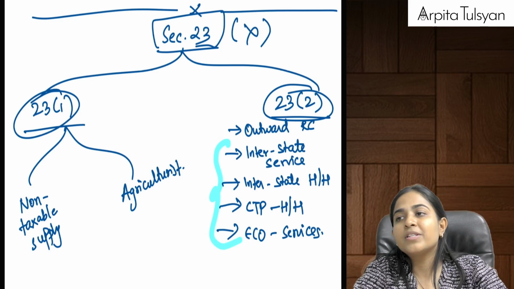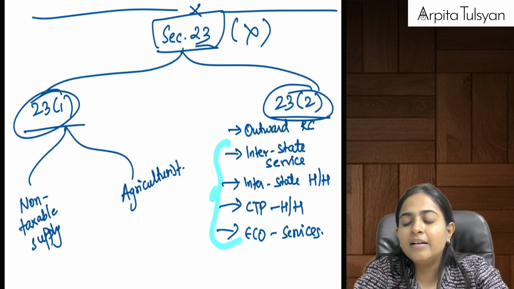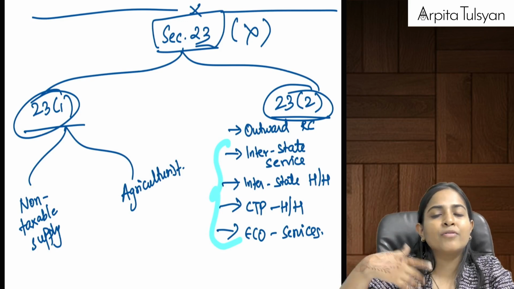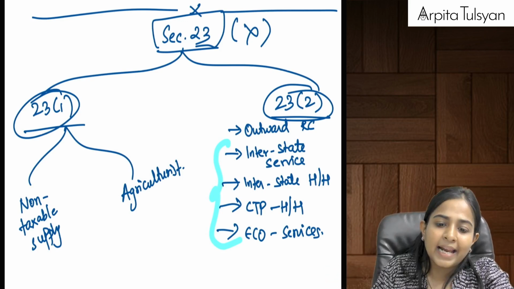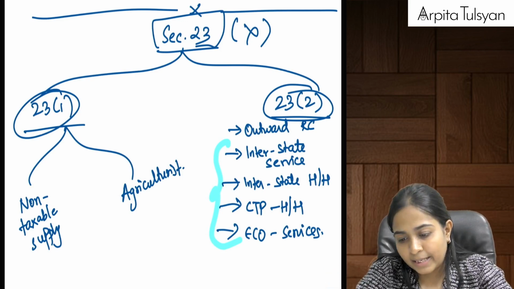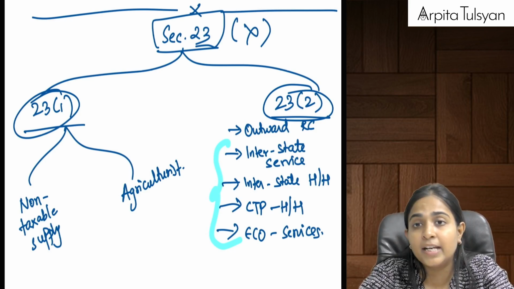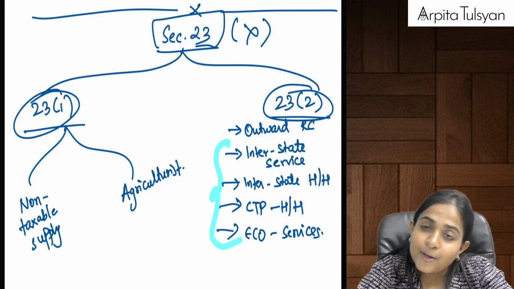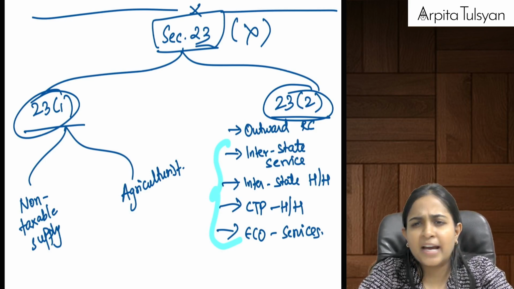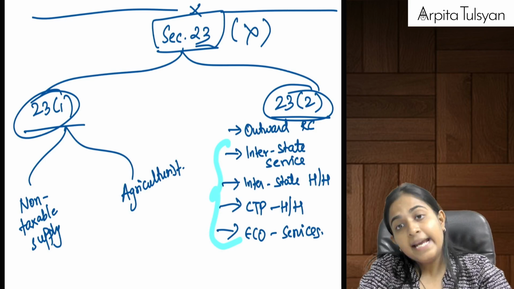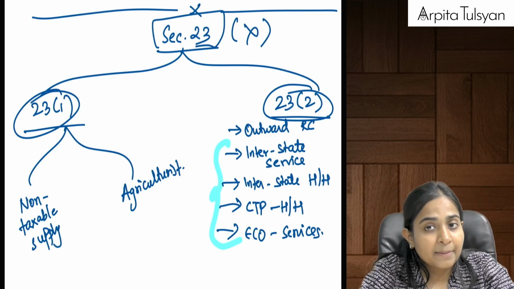And second one was any agriculturist, individual or HUF, who is supplying any produce cultivated by him from land. This person need not get himself registered. But if this agriculturist is engaged in any other activity, like potato wafers, tomato sauce, packing, pre-packaging and all those things, then in that case he will be liable for registration. Then we went to section number 23, subsection 2.